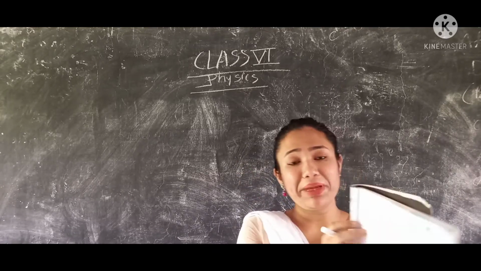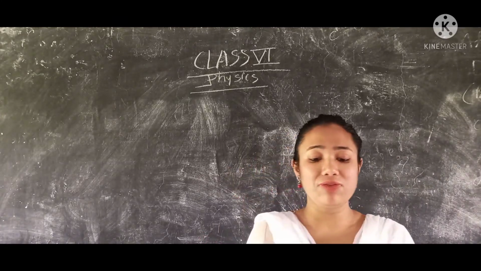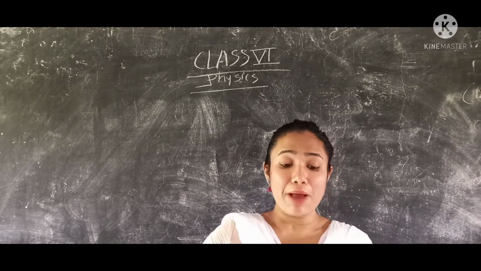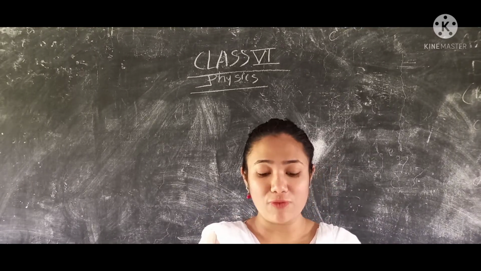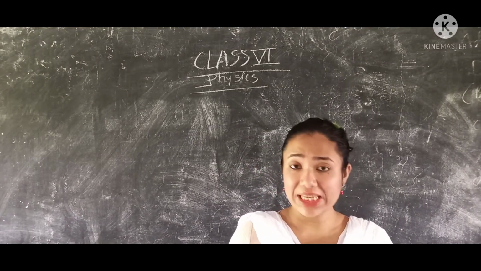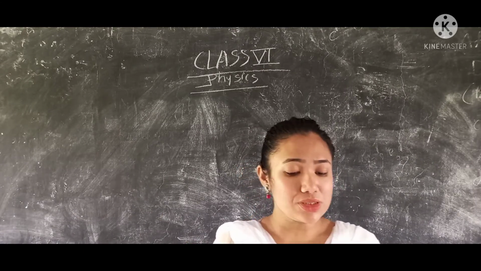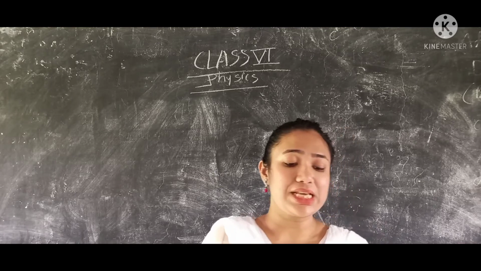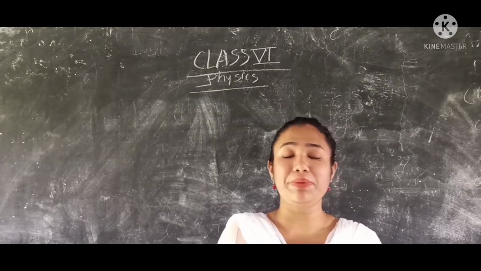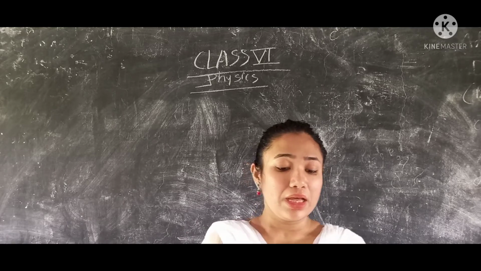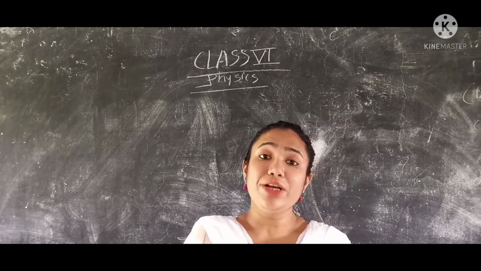Now we are jumping to the topic standard units of measurement. A unit which is accepted by a majority of people to be used as a basic unit of measurement is called the standard unit. That means most of the people accept the unit as a basic unit of measurement.